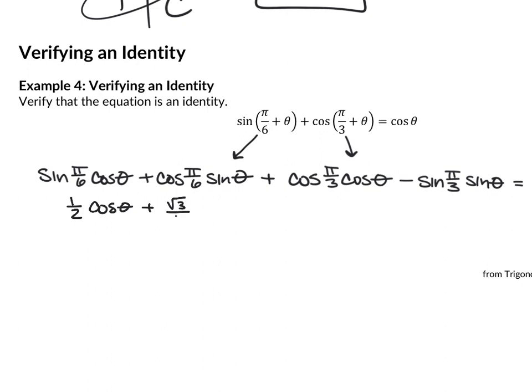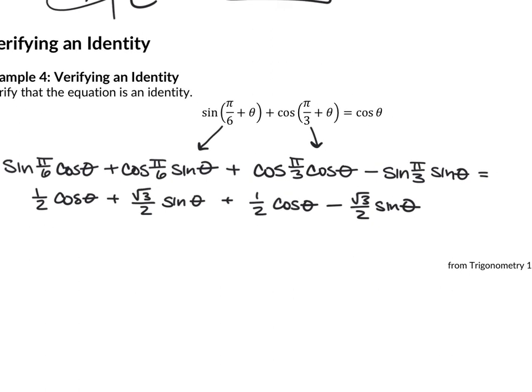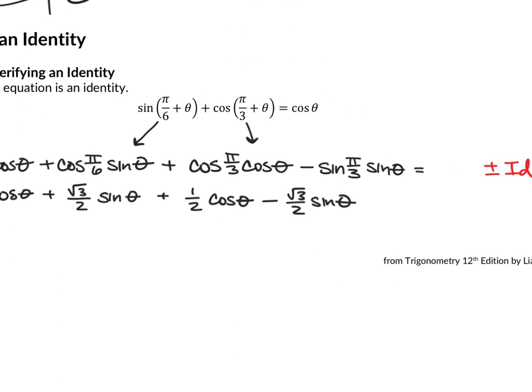Square root of 3 over 2. How about the cosine of pi over 3? 1/2. And the sine of pi over 3? So the step we did here, we just used the unit circle.